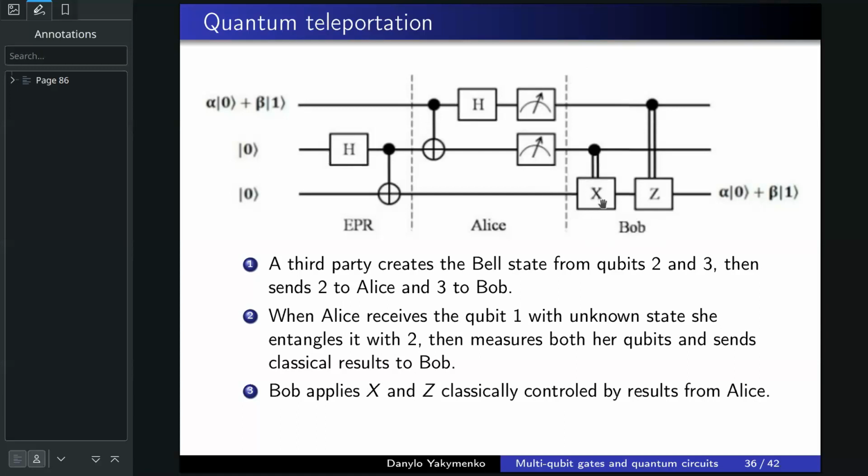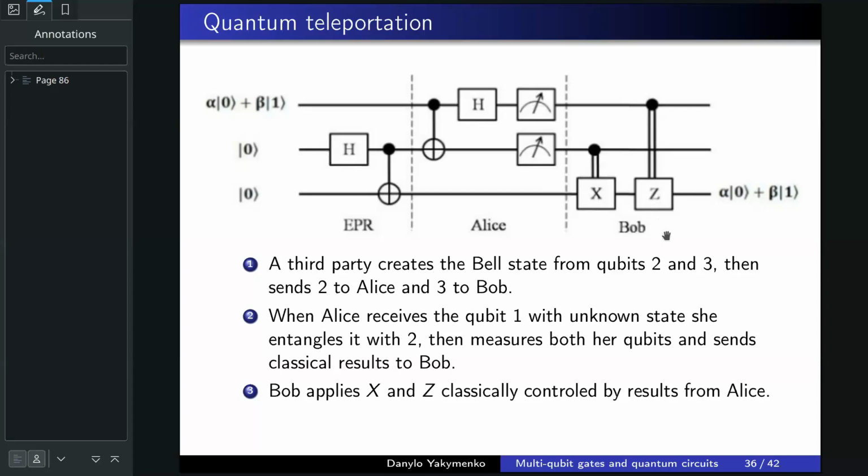So he applies X to his qubit if the result of the measurement here was 1, and does nothing here if the result was 0. And he applies operation Z here if the result of the measurement here was 1, and also does nothing here if the result was 0.